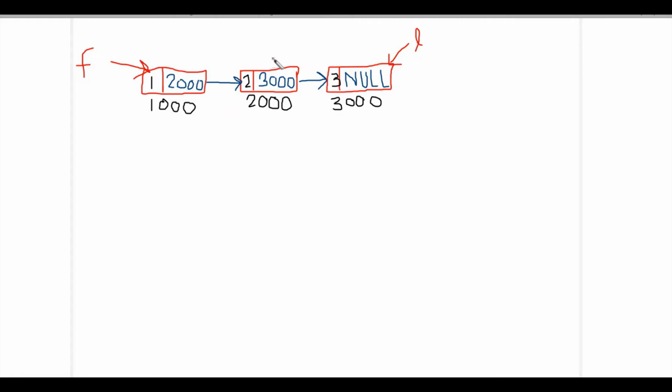We will copy the address of first node into the current node, and we will move by using current node. Current node is initially pointing here, and now what is the condition?